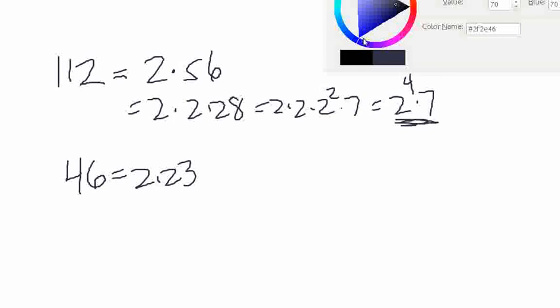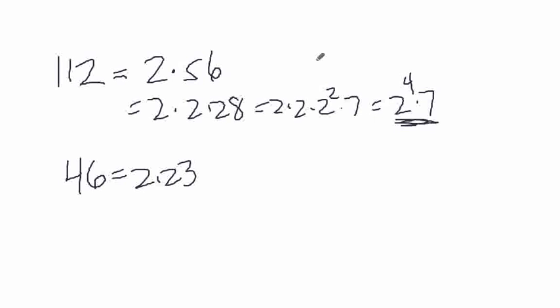Now let's get the smallest product that includes both prime factorizations. So 2 to the 4 times 7 times 23 looks like that's it. Does it have 4 2's and a 7? Yes. Does it have a 2 and a 23? Yes. So whatever number that blue product multiplies to, that's the least common multiple.